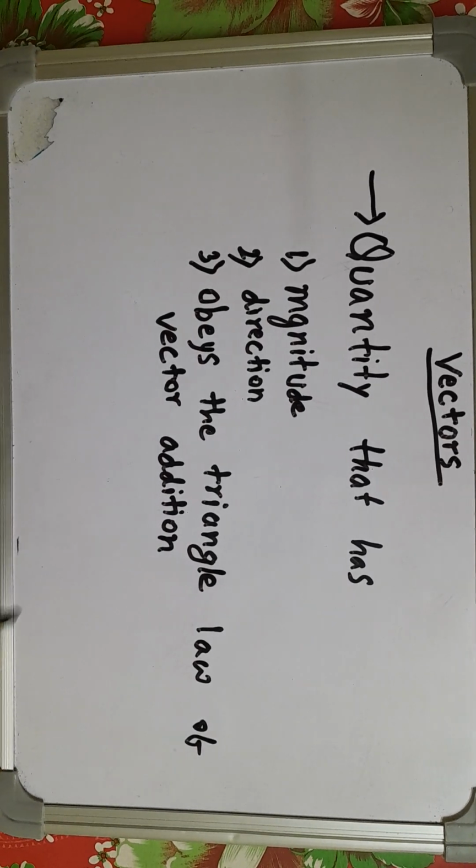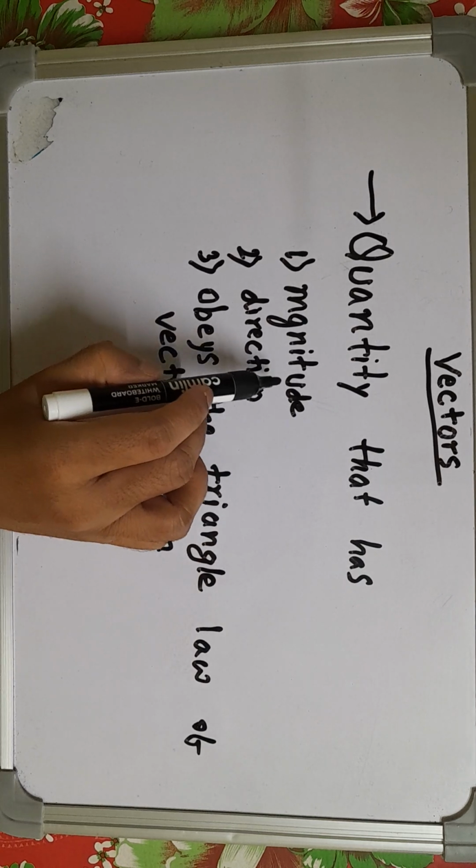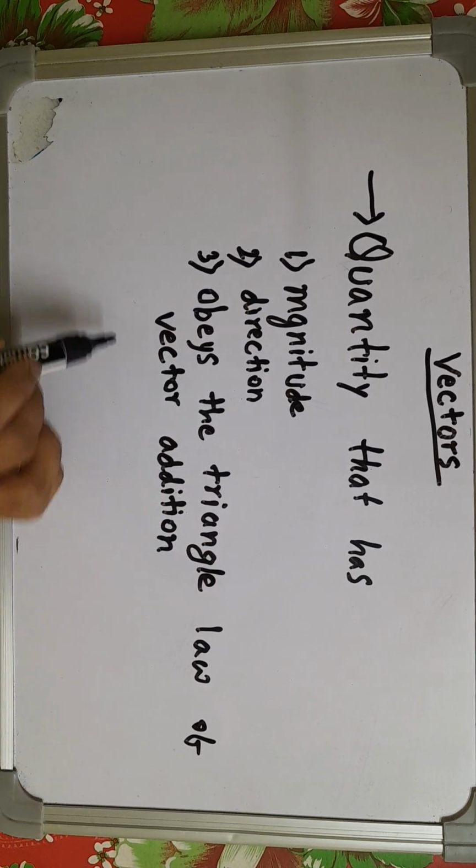So what are vectors? Vectors are quantity that has both magnitude, direction and obeys the triangle law of vector addition.